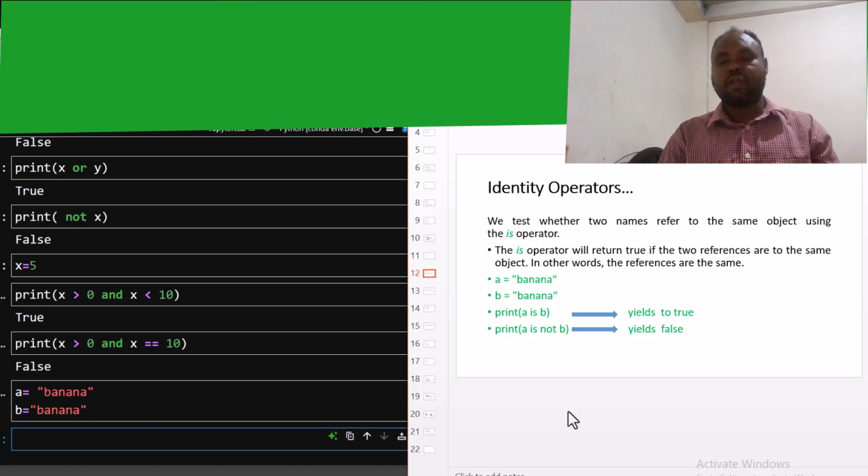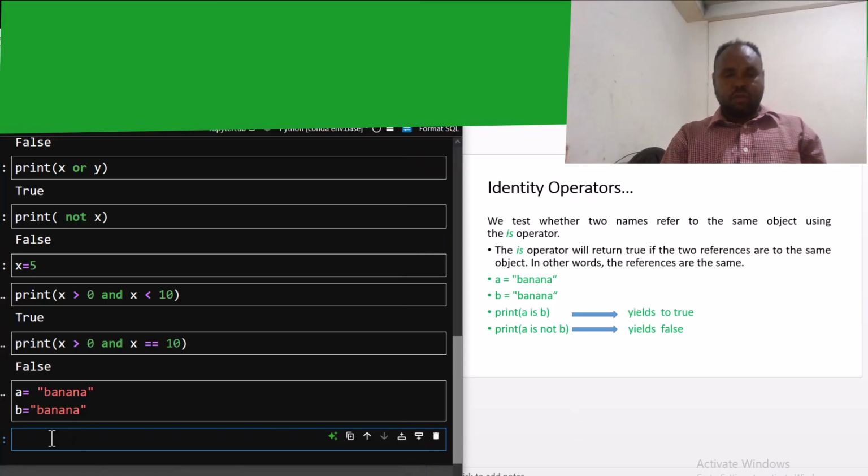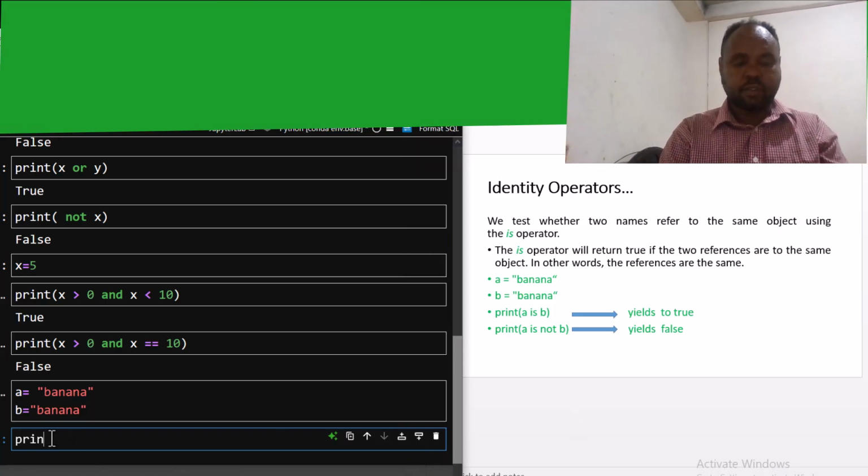In other words, the references are the same, meaning the location is the same. The location can be checked by id. If the id of the location of each reference is equal, the two references are equal. This equality can be checked by the is operator. Now check this one. Print A is B.